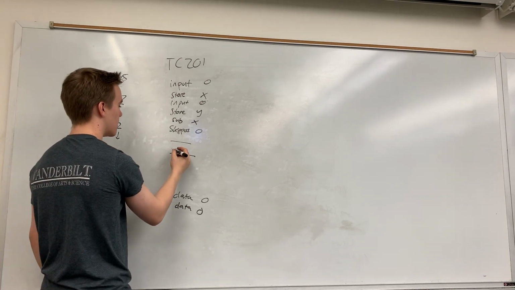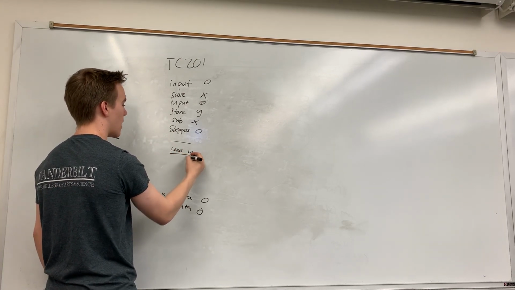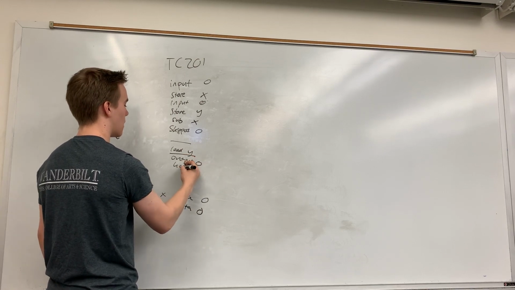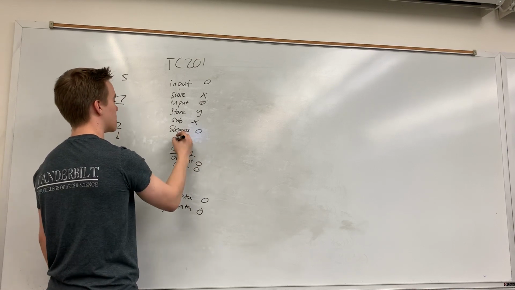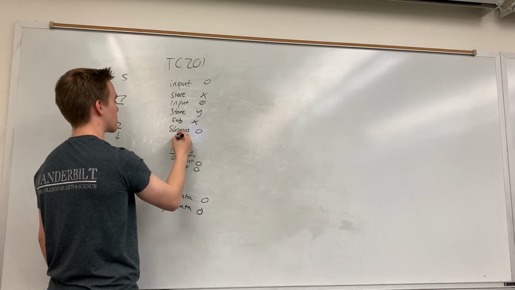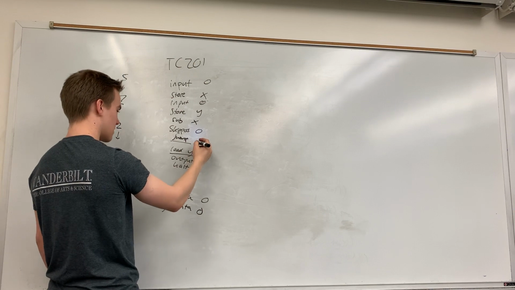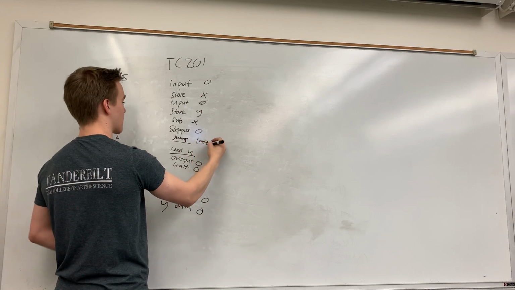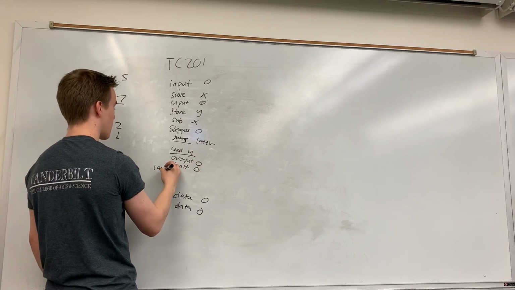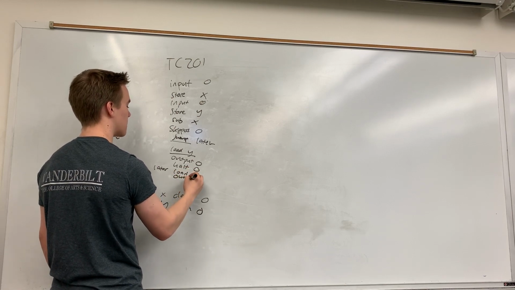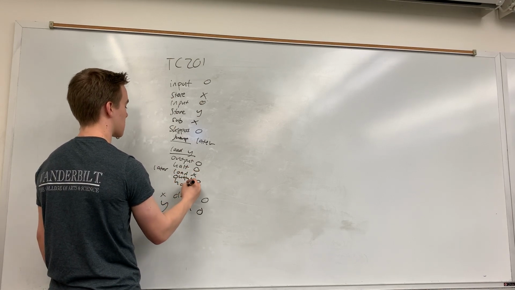So I'll say load y, output 0, halt 0. Else here I'll say, it's not do jump, it's just jump to later. Here's later, where I load x, output 0, and halt 0.